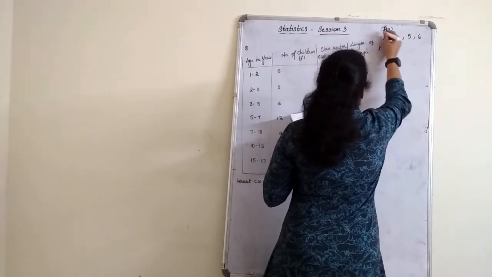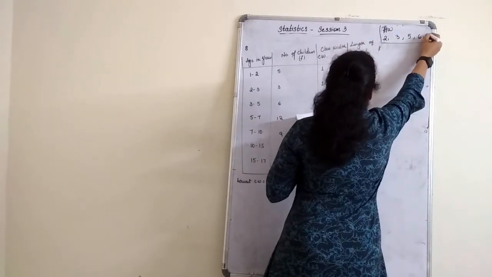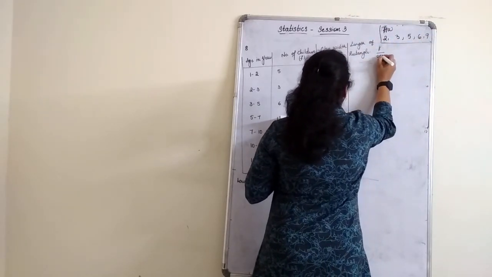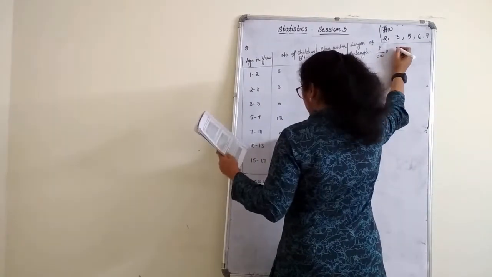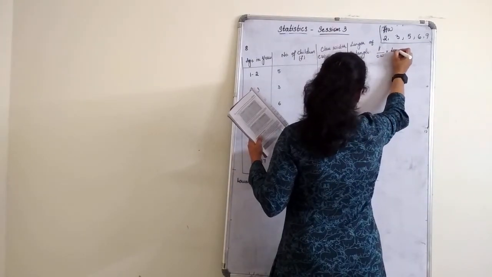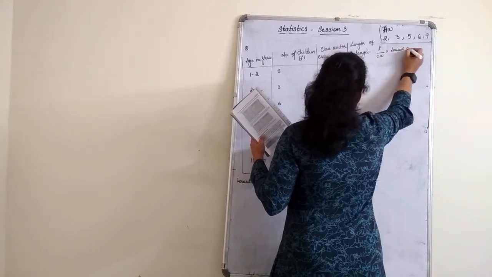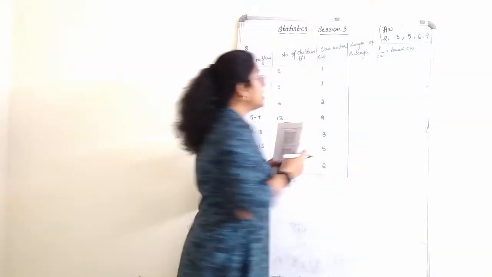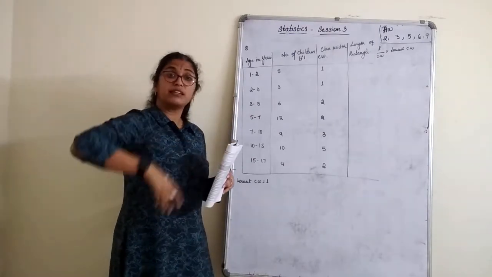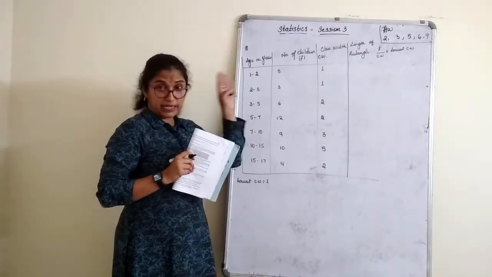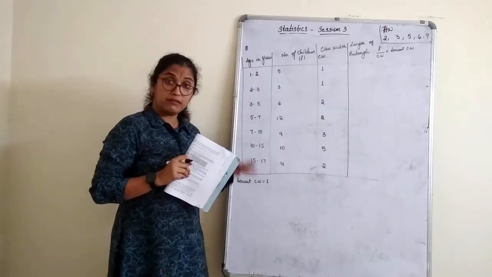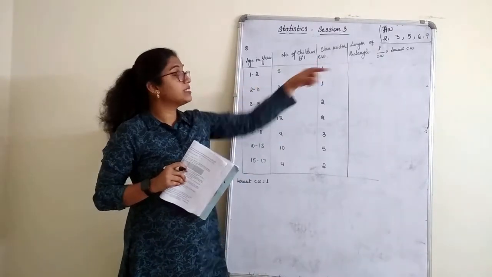I'll write it here, only children, divided by class width into lowest class width. That means each length of a rectangle formula. Length of a rectangle in the histogram is what we have to find here, given by respective frequencies divided by respective class width into lowest class width.